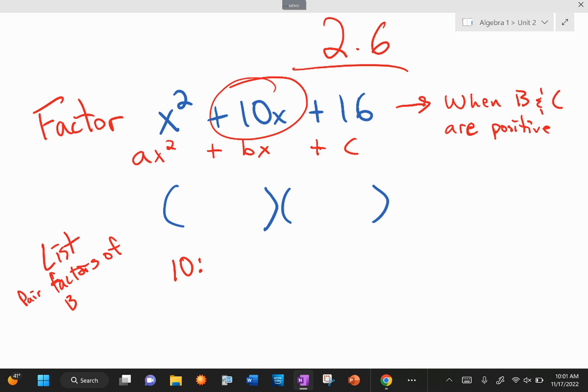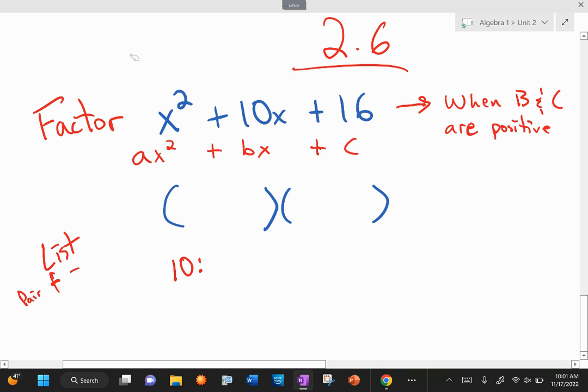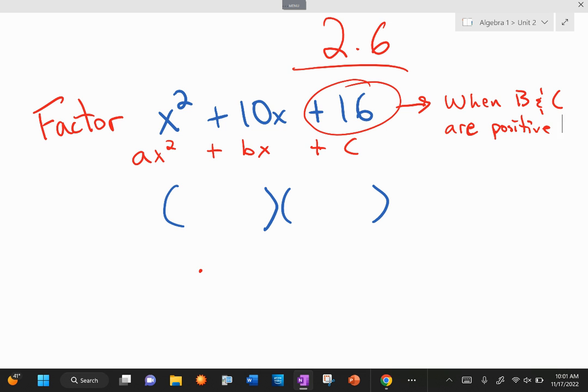I'm sorry, I got ahead of myself. It's the factors of C. I'm glad all of y'all are using pencil. So you're going to list the factors of C, but again, I'm going to list them as pairs.